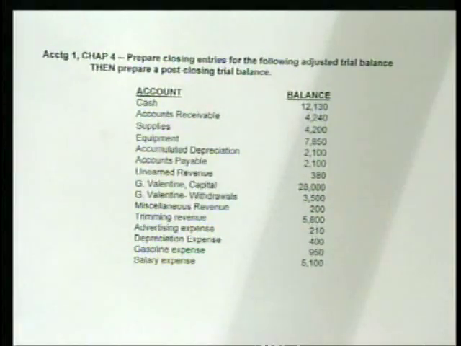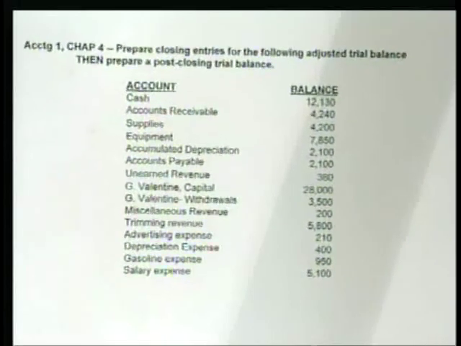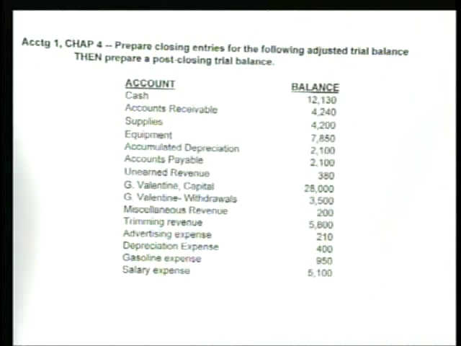Now, I want to do something here. I'm going to shift gears on you. This is a little chapter 4 refresher. I want you to prepare closing entries and do a post-closing trial balance for this situation.